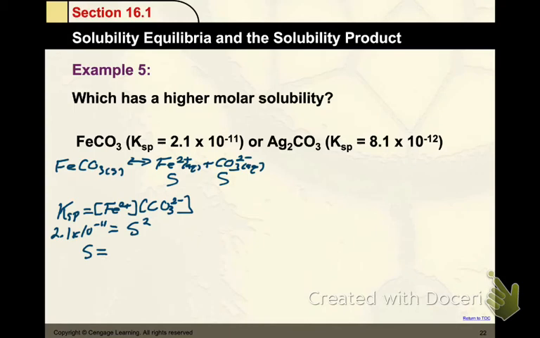So we get the molar solubility by just taking the square root. Do that in my calculator. Square root of 2.1 times 10 to the minus 11, and I get 4.6 times 10 to the minus 6th, I believe, if I did this right.